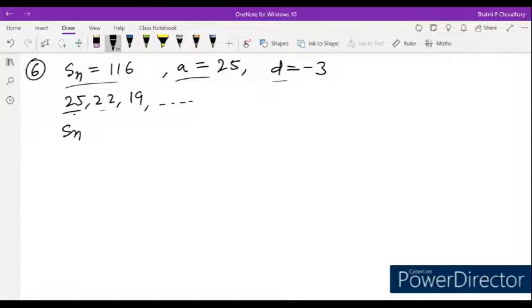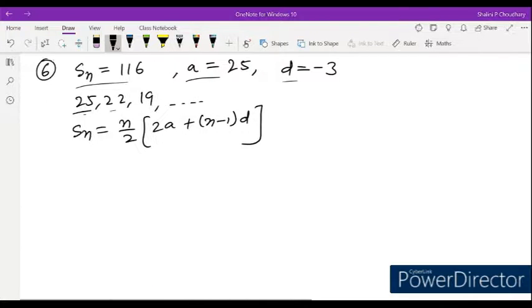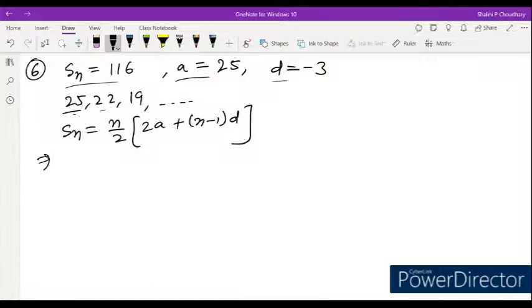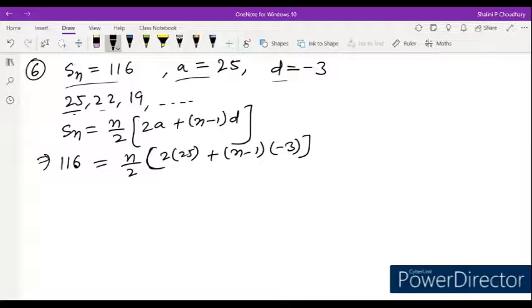So for Sn we'll use this formula: n upon 2 times (2a plus (n minus 1)d). Sn is given, that is 116, so n upon 2 multiplied by 2 into 25 plus (n minus 1) into d, that is minus 3. We'll solve this.